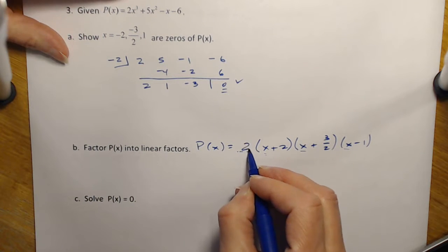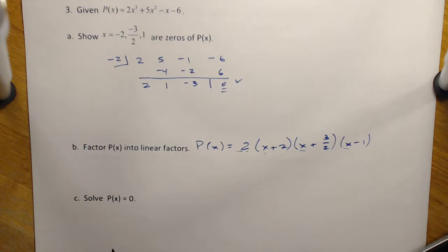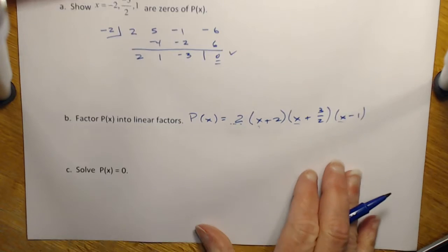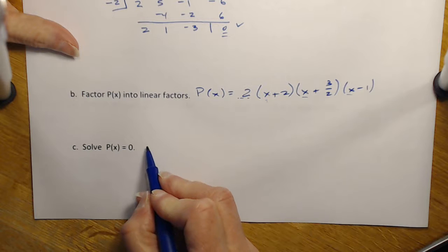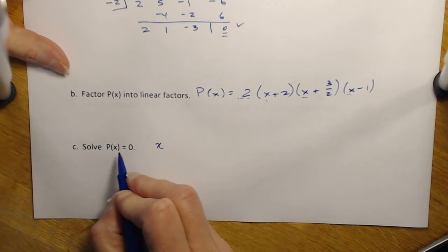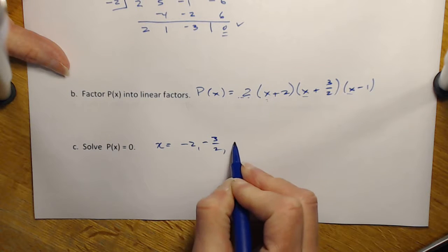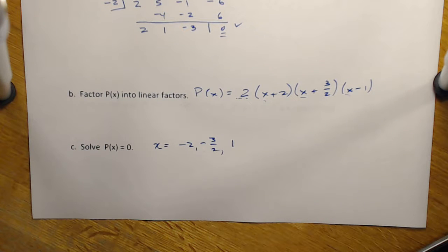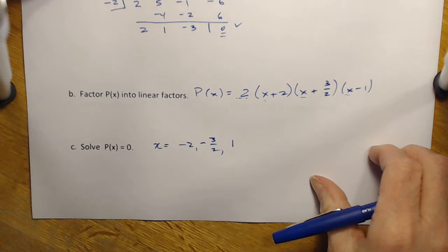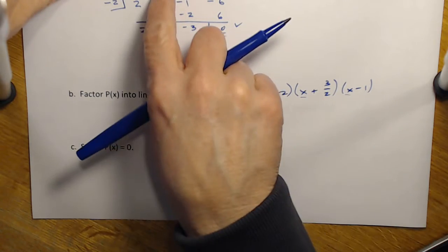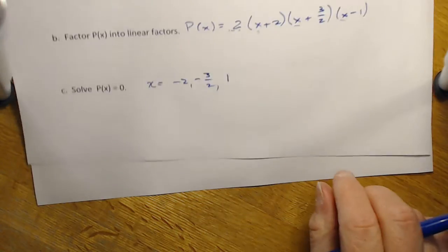You need it to be 2x cubed, so you just need the 2 here. And again, if we want to solve p of x equal to 0, we already know that's what makes the function 0, which we know to be -2, -3/2, and 1. Nice quick problem when the zeros are given to you.